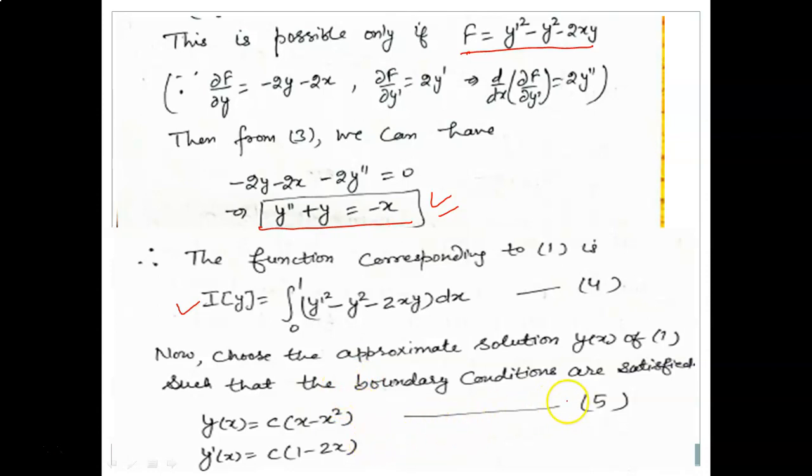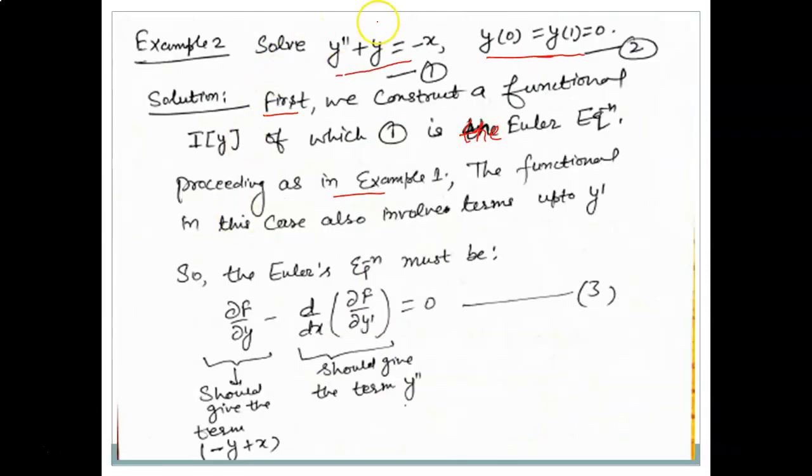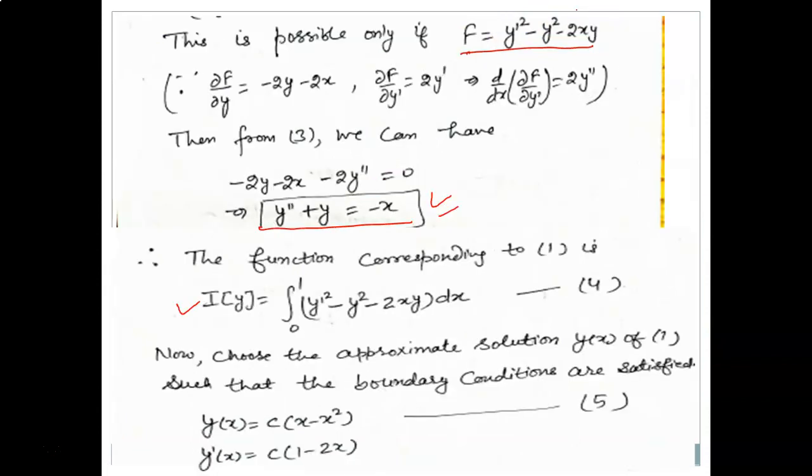You consider the value of y(x) as in the earlier case, because in this case also you are given that y at 0 and y at 1 both are 0. So in this way you can choose the approximate solution exactly in the same manner as in the earlier case. This is y(x), and consequently y dash x is this.